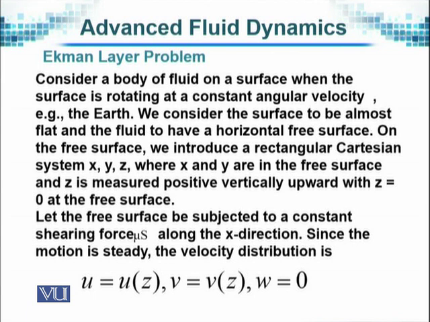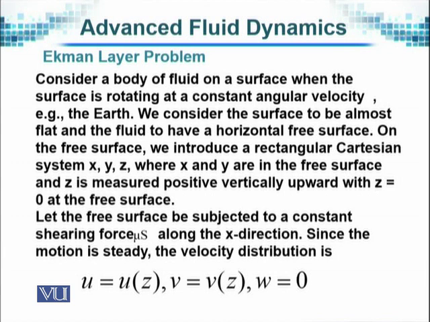Let the free surface be subjected to a constant shearing force described by mu times S. Here S will be the force, while mu is the coefficient of viscosity of the fluid that is flowing above the free surface, and this force is acting along the x direction.